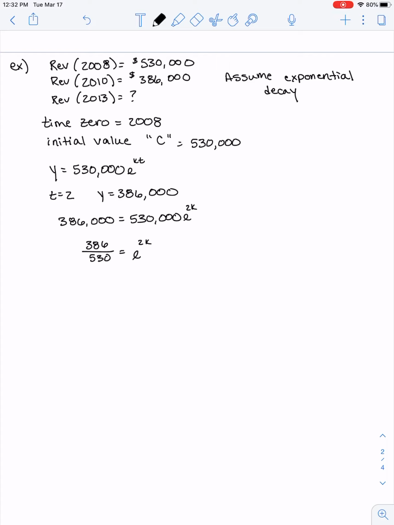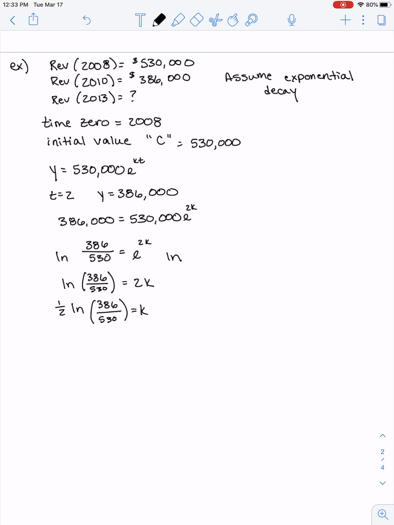to the 2k. If we take the natural log of both sides, we get the natural log of 386 over 530, beautiful, is equal to 2k. So we get 1/2 natural log 386 over 530 is equal to k.